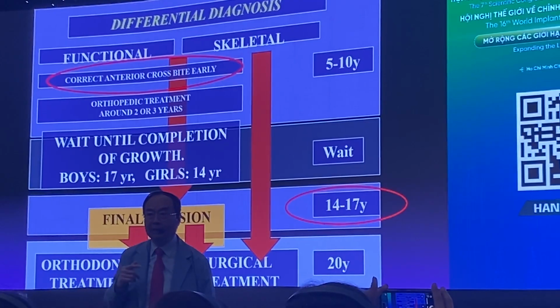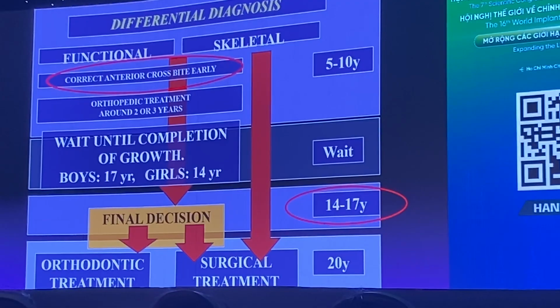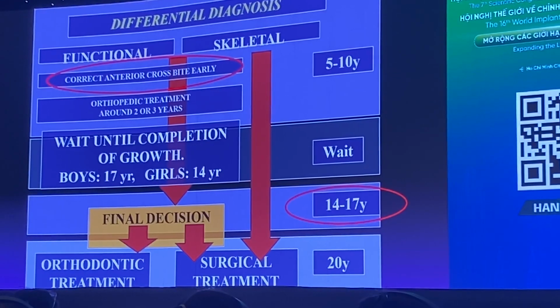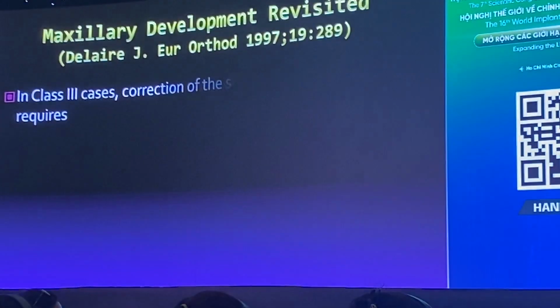If you do it early, there's a lot of pressure in school, because all of their friends already have braces at age 12, and then I have to wait until 14 for a girl or 17 for a boy. So that is testing your patience. I will show you a case to illustrate the importance of waiting until this age to make your final decision.